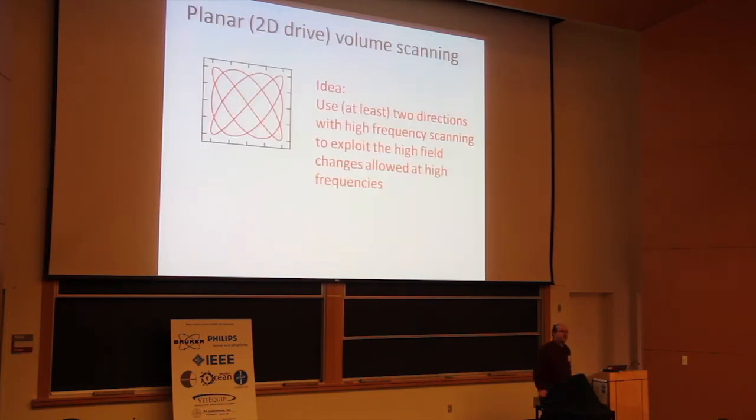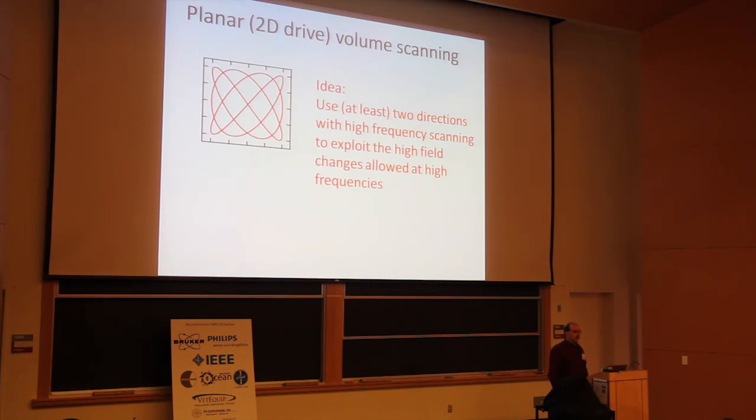Therefore, we need to introduce an additional trick. We need to encode at least one plane in a way that no nerve stimulation in the patients occurs. This is done by applying not only one drive field, but in the orthogonal direction another drive field.